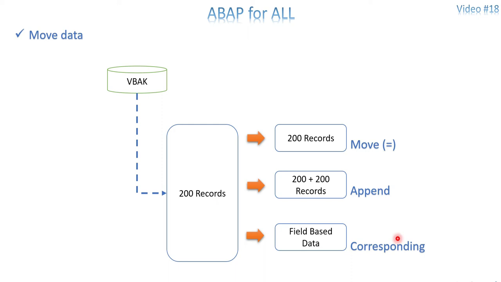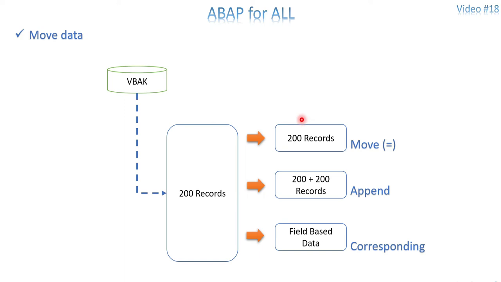If I have 10 fields in my source and 8 or 20 fields in my target, it moves only whatever names are matching. Make sure the field names are the same; even with a spelling mistake, it won't move that data to the field. So these are the options you can move the data between two different or two same internal tables.